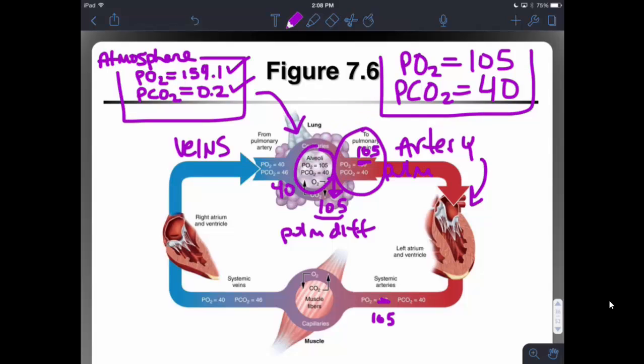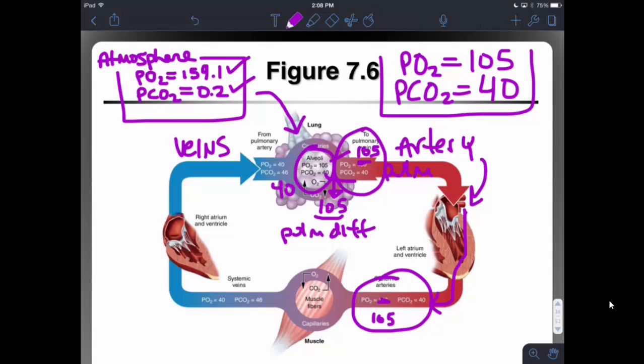So we see a PO2 of 105, we see a PCO2 of 40, and then the blood goes through the pulmonary vein back to the heart, left atrium, left ventricle, out into the system, where it remains the same. We still have a PO2 of 105, we still have a PCO2 of 40. The only thing that's going to change these pressure gradients is if we gain or lose gases, and we don't gain or lose anything in the arterial system.